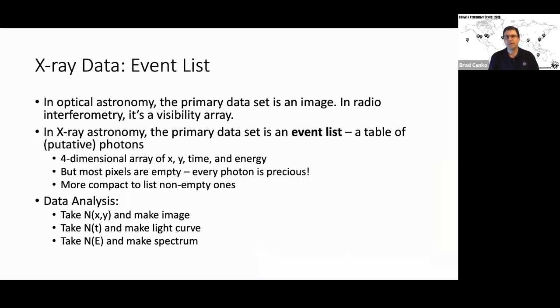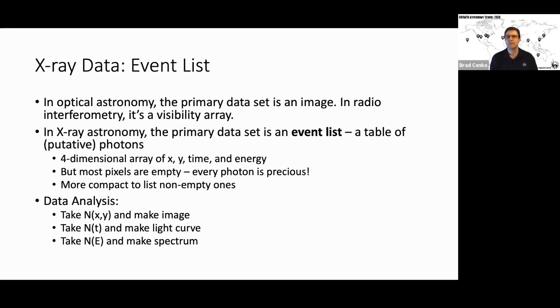The data products that come out of these devices, whether they're CCDs or any other X-ray telescope, differ from other wavelengths. In optical astronomy, you're generally used to working with an image. Maybe you'll learn in the next lecture about radio interferometry, where you see a visibility array, the product of correlations between a bunch of individual radio antennas.